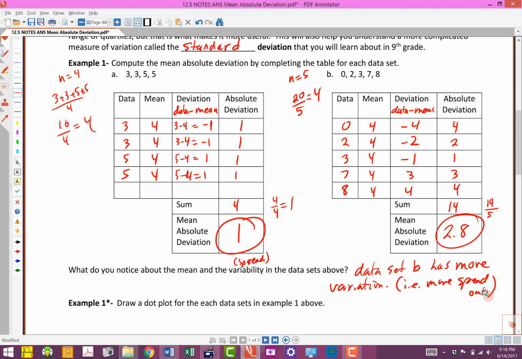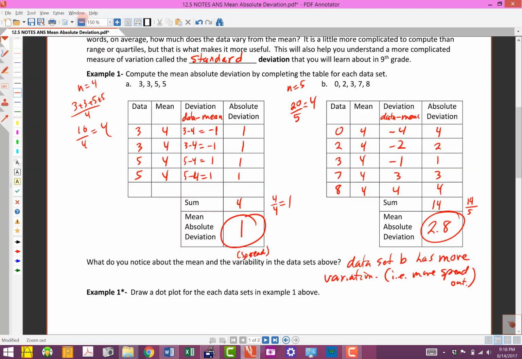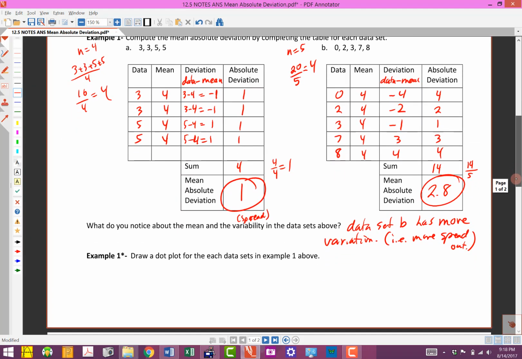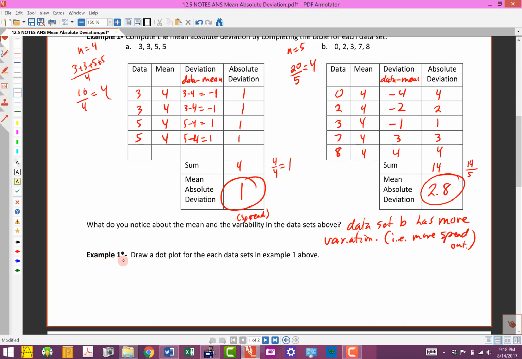Now, if you're having any trouble seeing that, we're going to give you a little help here, because take a look at what example 1 star says. Draw a dot plot for each of the data sets in example 1 above. So here's what we're going to do. We're going to draw a dot plot. So I'm going to do 0, 1, 2, 3, 4, 5.